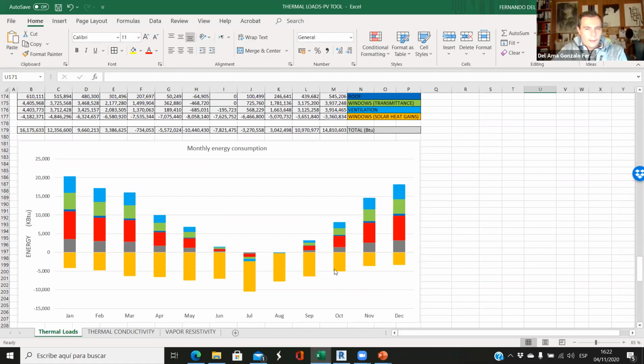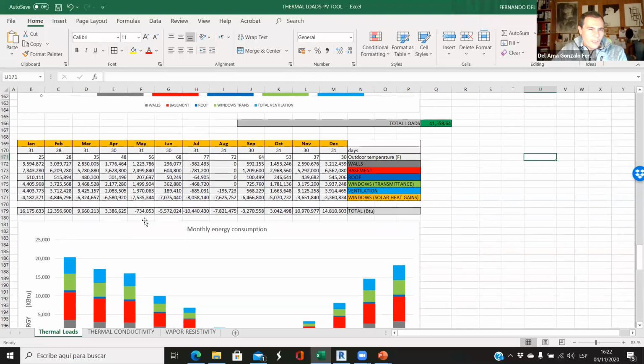Okay, so we are in a cold country, so it makes sense that we need heating in January and December, and we are going to need heating in January, February, April, March. Look at May. If we design the classes wisely, here the heat gains compensate for the heat losses.